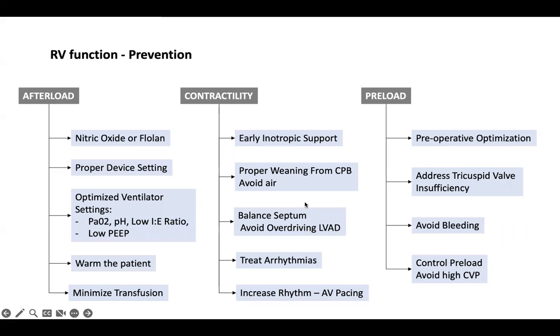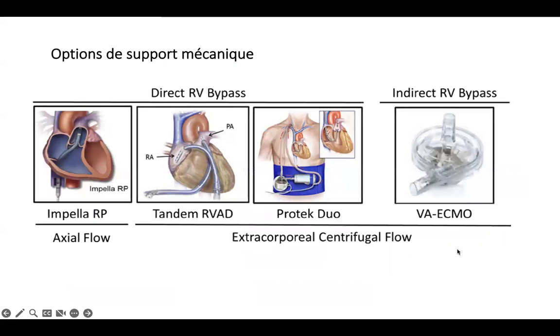So this is pretty classic, and it's pretty much the same for RV dysfunction. You might be familiar with those types of tools: when the medical treatment fails, we have tools we can use.